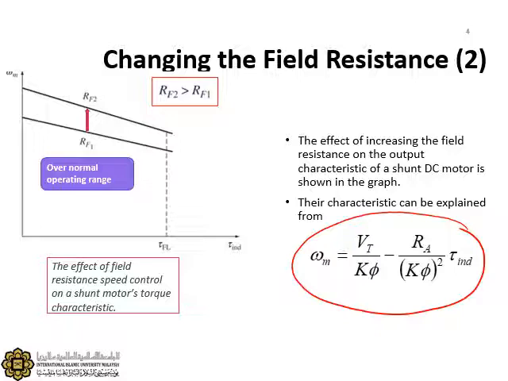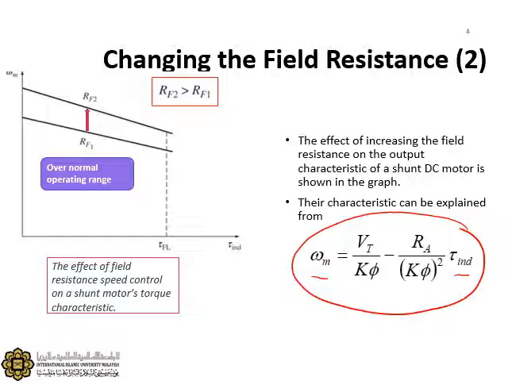Right. This equation shows us the relation between omega m, which is the speed of the motor, and the induced torque, which is plotted in the graph. Omega m on the y-axis versus induced torque on the x-axis.